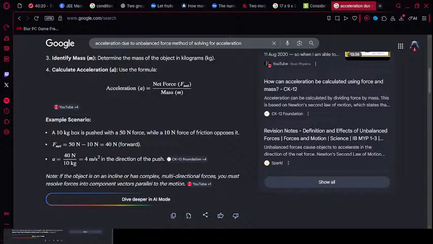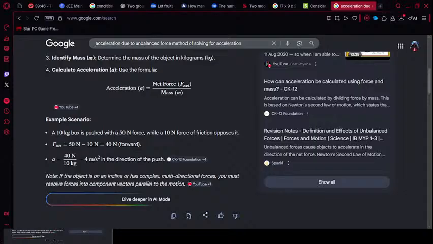It's 51 by 5, and it's going to move with 10.2. Yes, it's exactly correct.